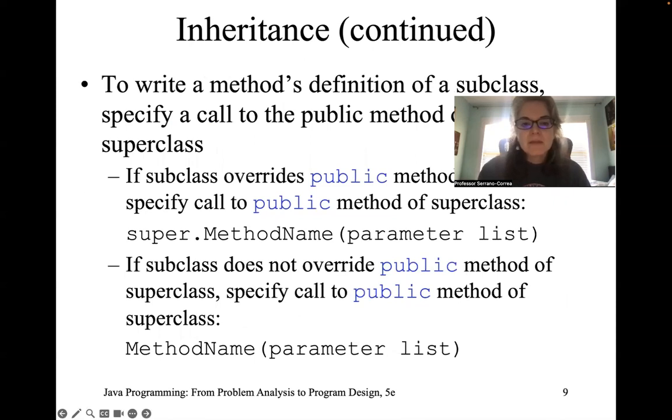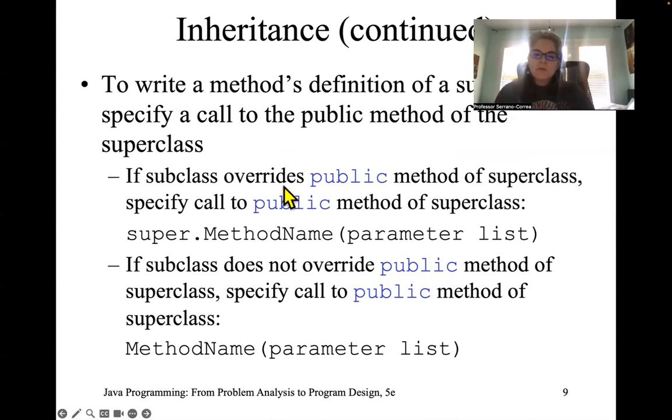To write a method's definition of a subclass, specify a call to the public method of the superclass. If the subclass overrides a public method of the superclass, specify a call to the public method of the superclass.